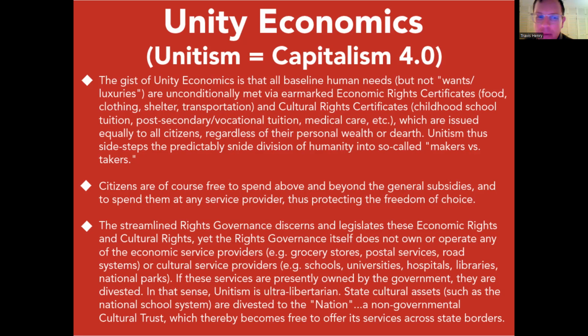Unitism thus sidesteps the predictably snide division of humanity into so-called makers and takers, conservatives, liberals, productive people, welfare ingrates. It's so predictable and snide, and there are societies which have sidestepped this in some ways. Like Sweden, if I'm not mistaken, the parents receive a sort of stipend for every child they have, whether you're rich or poor.